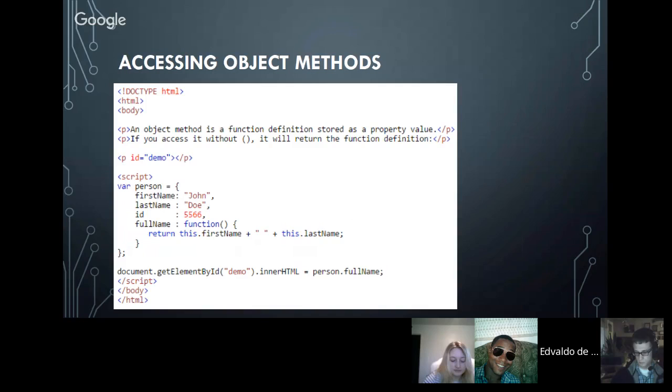This is the same example, but we don't use the parentheses to call this full name for this person. Can you see the difference? It is in the line document.getElementById. This is the difference between examples.